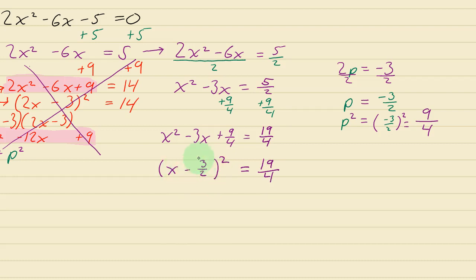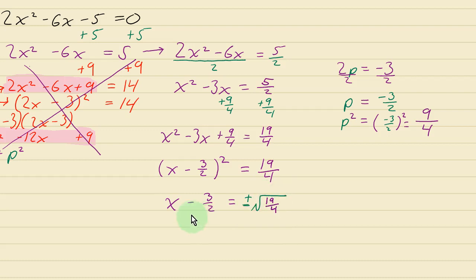If you do x minus 3 over 2 times x minus 3 over 2, you should get this original trinomial that you had. Now we can take the square root of both sides and get x minus 3 over 2 equals the positive or negative square root of 19 over 4.